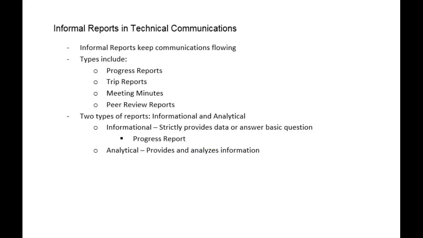So an example of this would be a recommendation report or a peer review report. These are both reports in which you're going to be providing information, and you're also going to be putting in your own analysis.